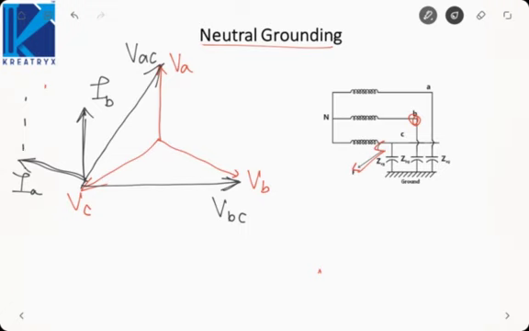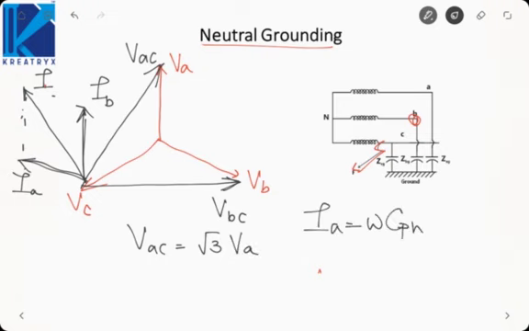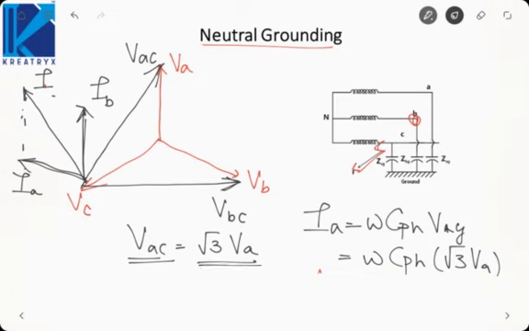And the sum of these two currents will give me the total line charging current, which is like this, I. Now first of all, VAC will be equal to root 3 VA. So IA, which is equal to omega C phase into VA, will be equal to omega C phase root 3 VA. Or we can say VAG is now becoming equal to VAC, which is root 3 VA, because phase voltage becomes equal to line voltage. So it becomes equal to root 3 times the initial line charging current.